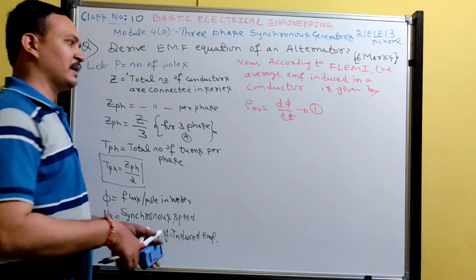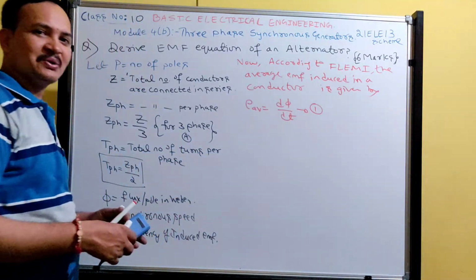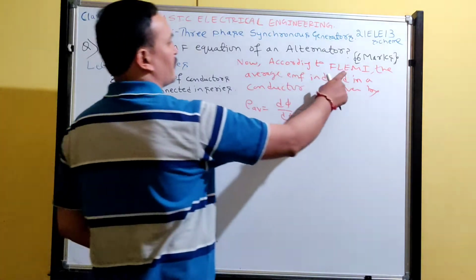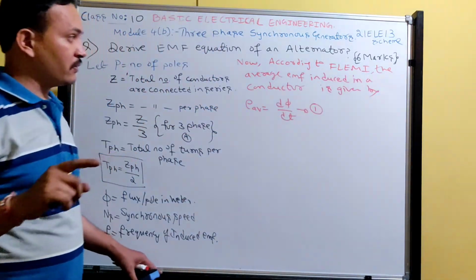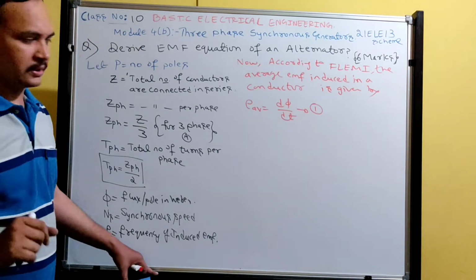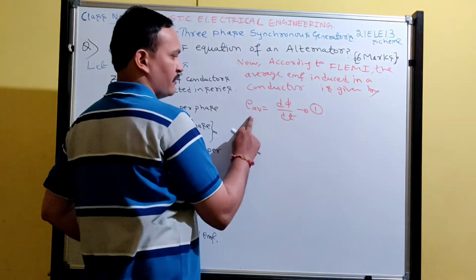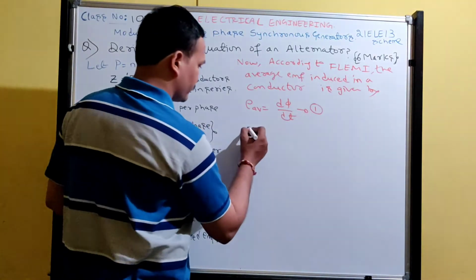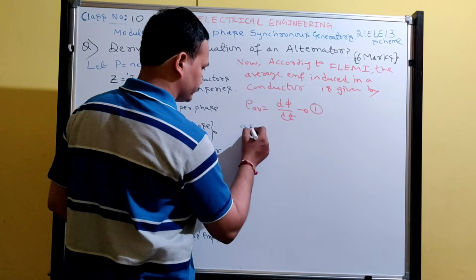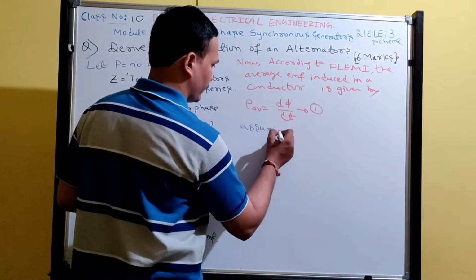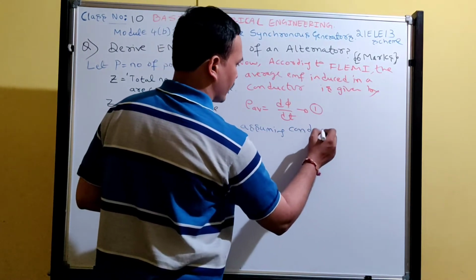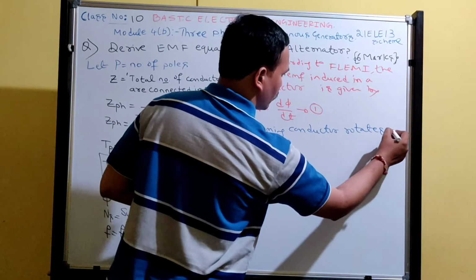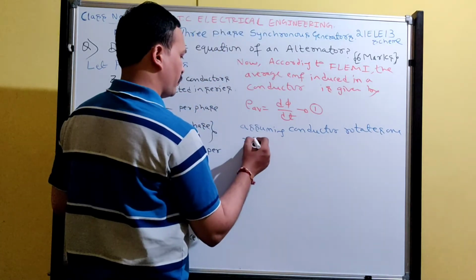If you want, you can write change in flux by time taken to change the flux, the rate of change of flux. According to Faraday's law, the average EMF induced in a conductor, meaning one conductor, is given by E_av is equal to dΦ by dt. Now assuming the conductor rotates 1 revolution.